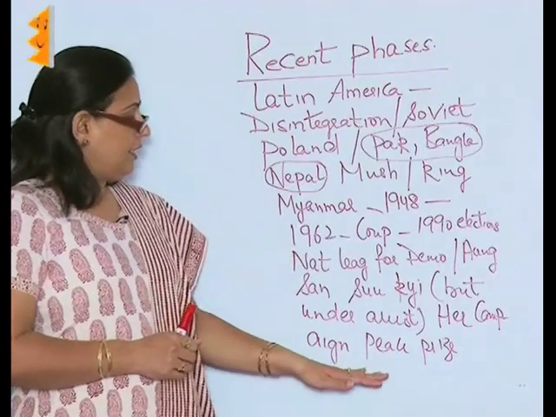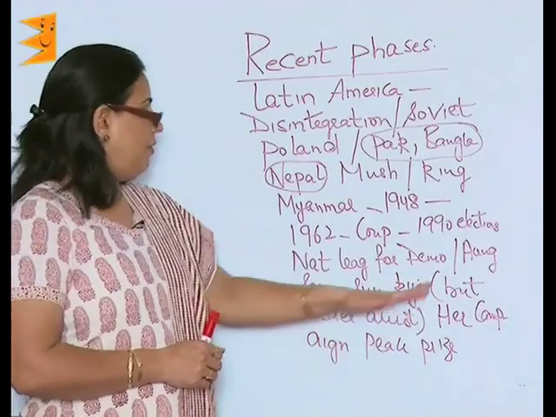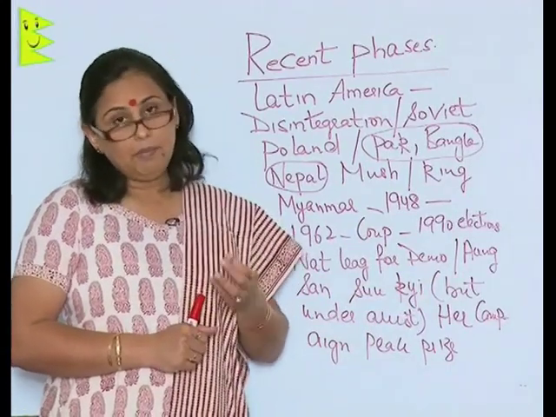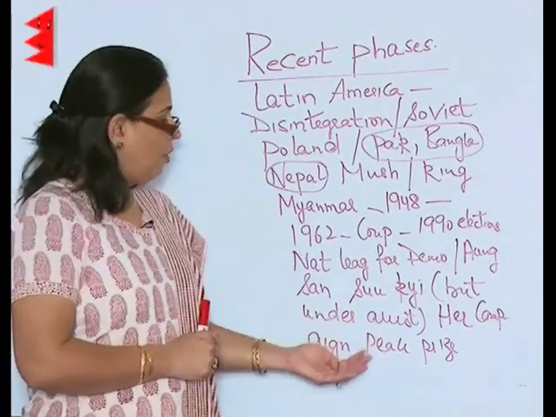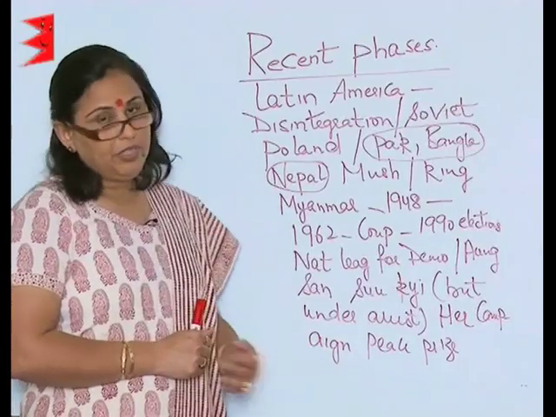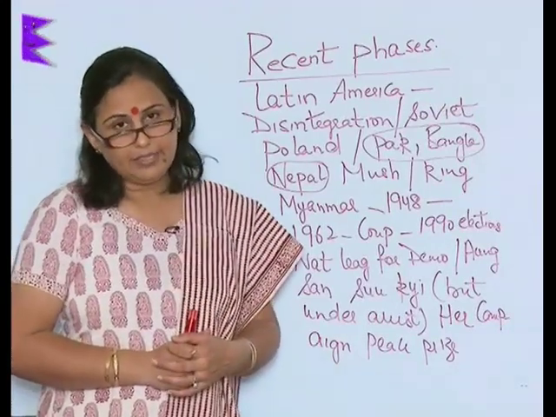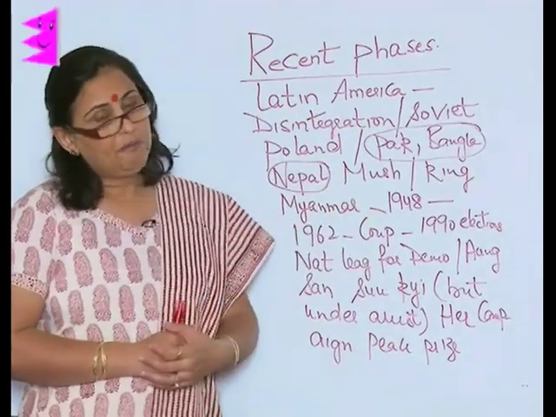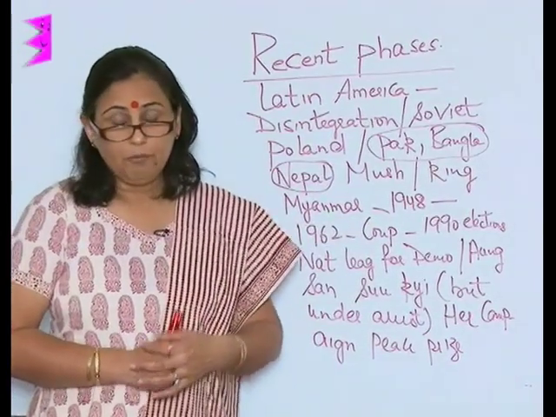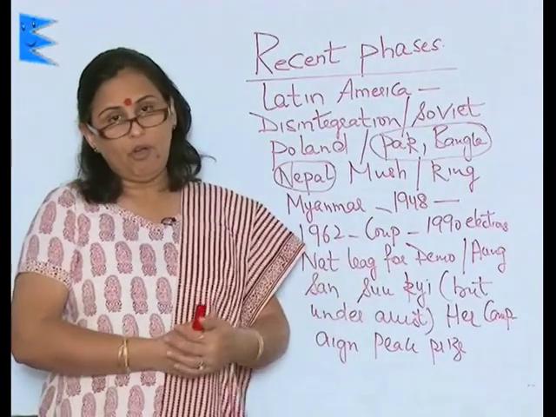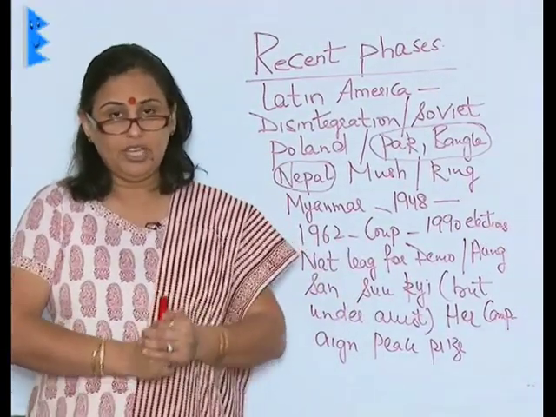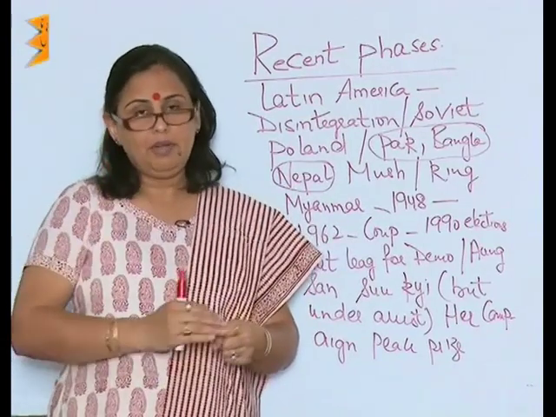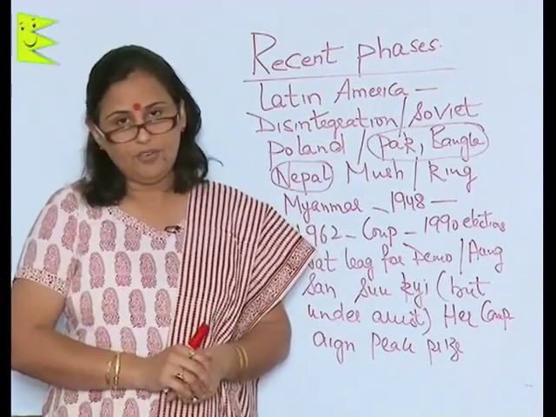Of course, the efforts of Aung San Suu Kyi have paid some results in the form of her winning the Nobel Peace Prize. But this is in fact the true example of many Asian countries which are yet looking forward to establishing a strong, popular and stable democracy in the country.